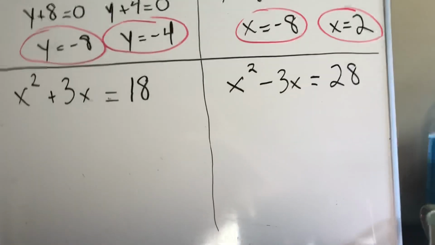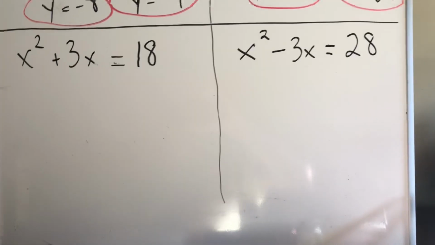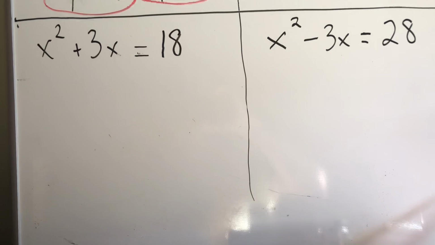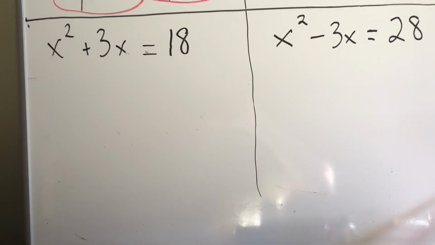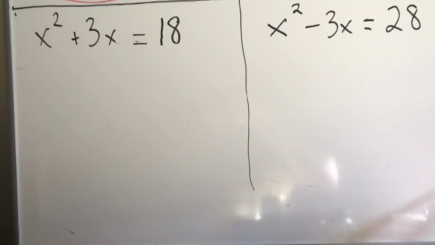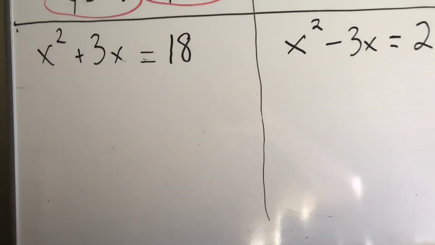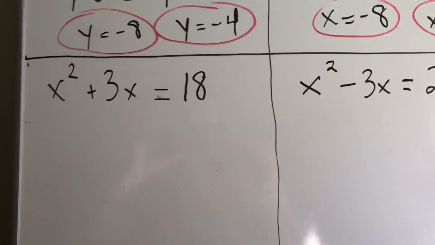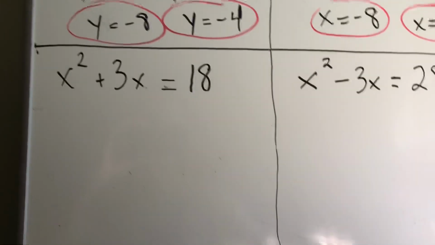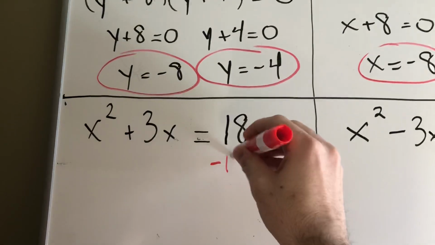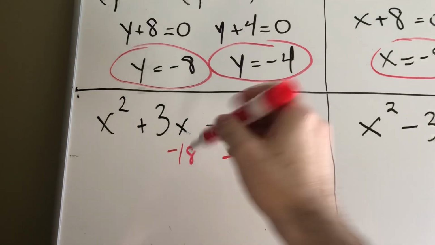All right, last example style. Still got 3 terms, but I don't have an equation set equal to 0. I'm going to focus on the left first. x squared plus 3x equals 18. We said that getting one side of the equation equal to 0 is our friend. We want to do that. So what I'm going to begin by is subtracting 18 on both sides of this equation. I'm going to move it to the left side.